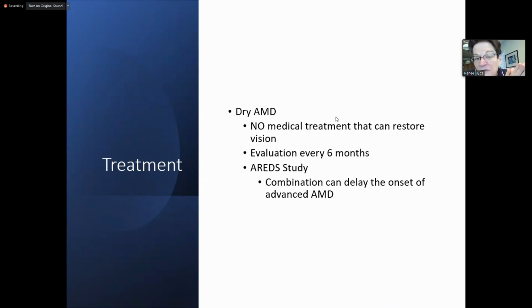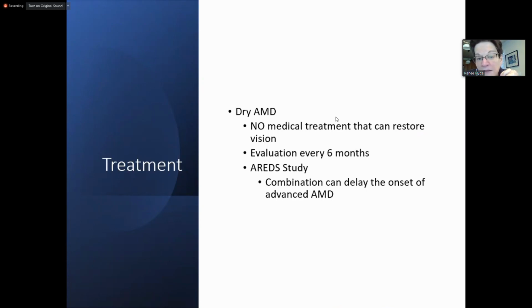With these folks, we evaluate every 6 months. Just like she said, with that retinal photography, dilated eye exam, just to keep an eye so that it does not progress from that dry to that wet. Because if it does that, they're more likely to lose total vision.